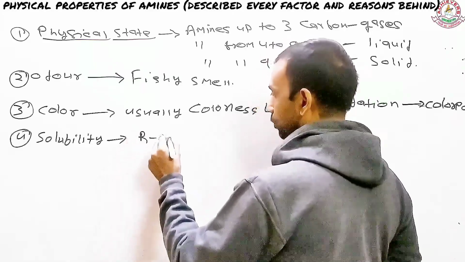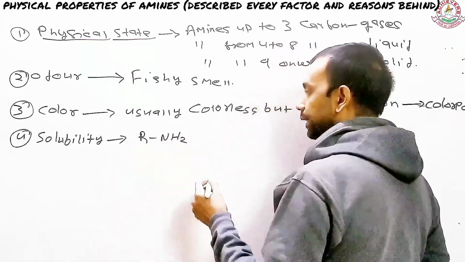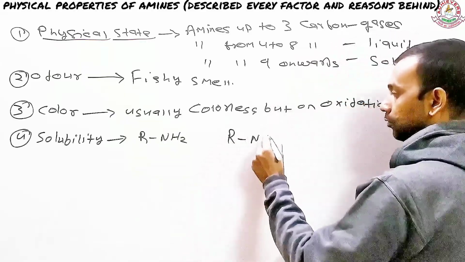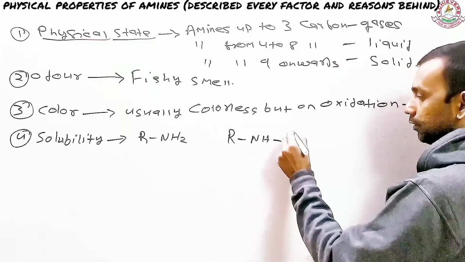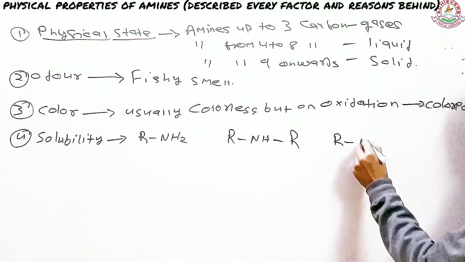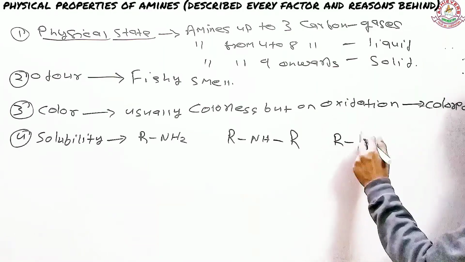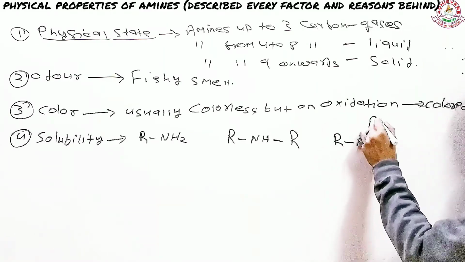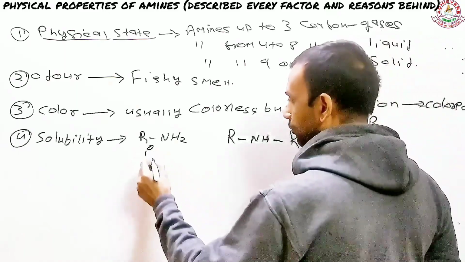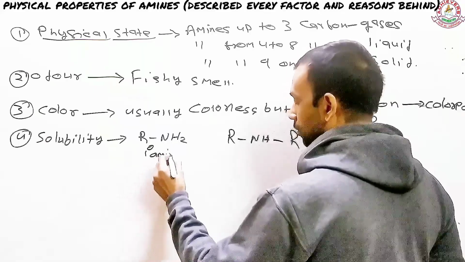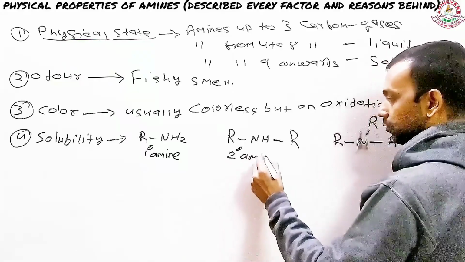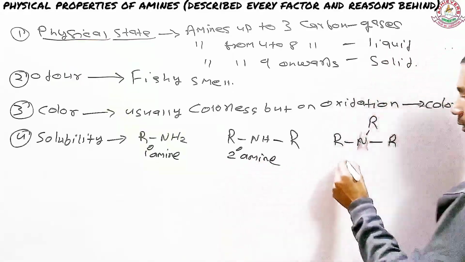So this is your 1 degree amine, and then I'm taking your 2 degree amine, and finally there will be a 3 degree amine. This is your 1 degree amine, this is your 2 degree amine, that's your 3 degree amine.